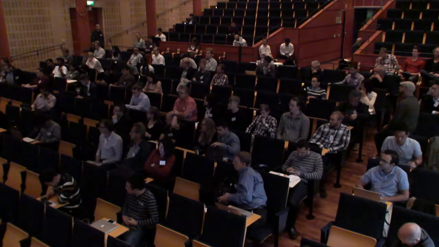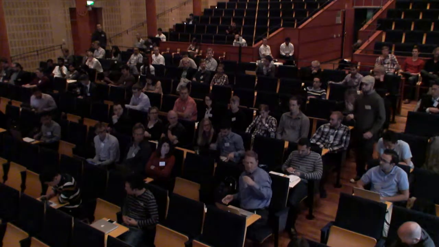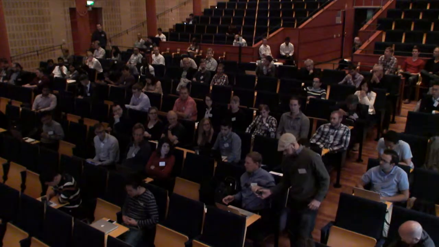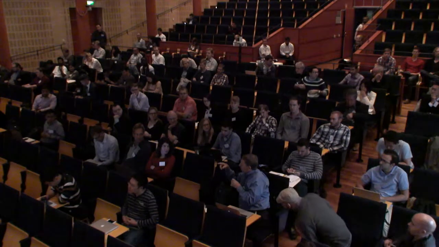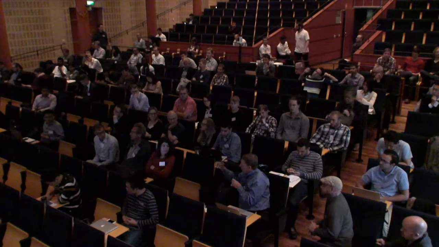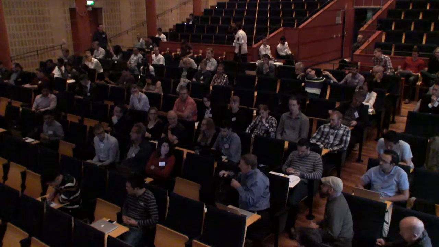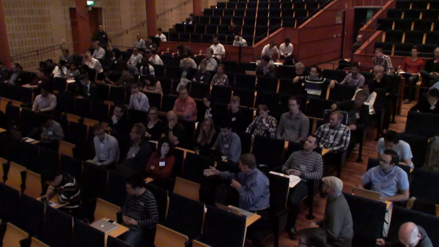Other questions? Mark? I'm sorry, I'm following up on this one. If you have a 10% false positive, it means that every 10 things that you look at, you consider that this is a masquerader. Is that what it says?